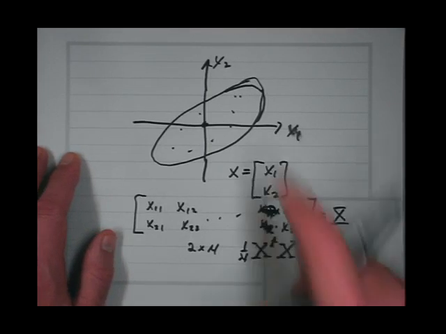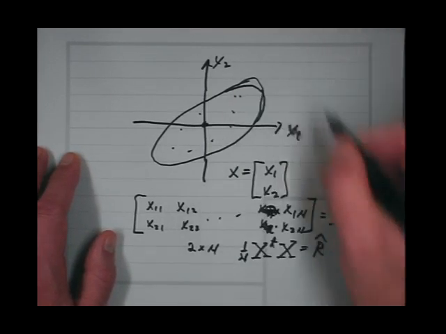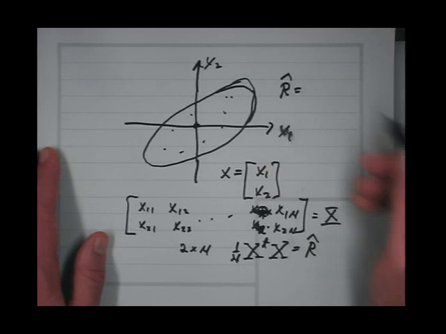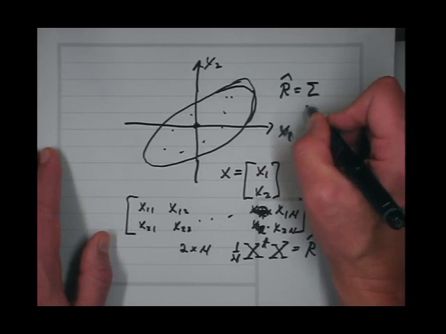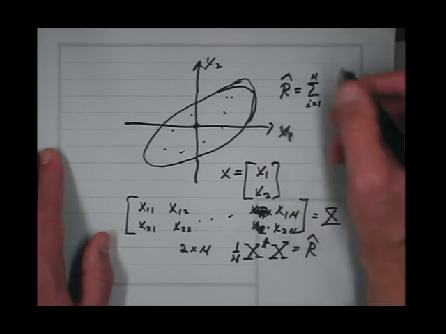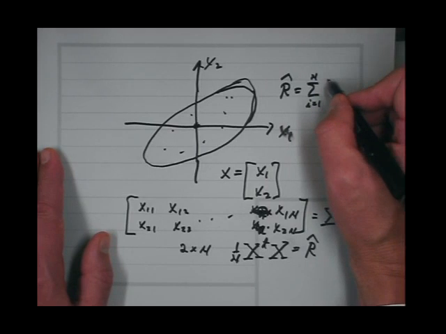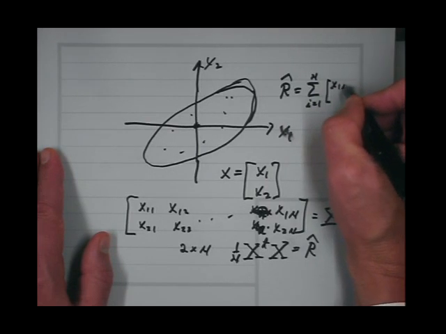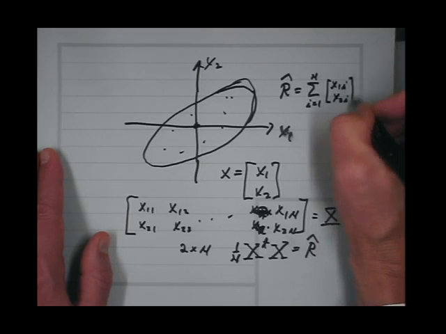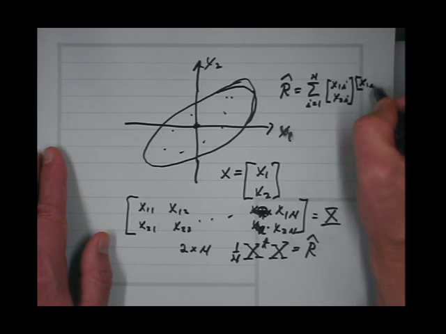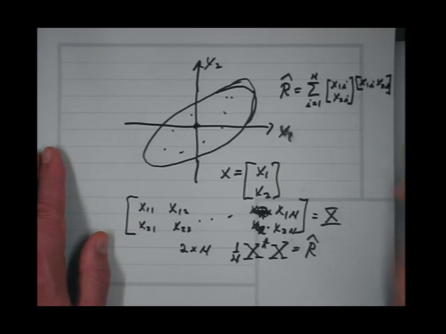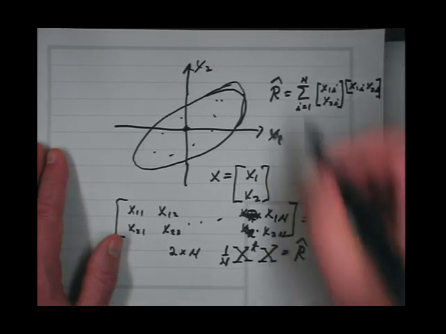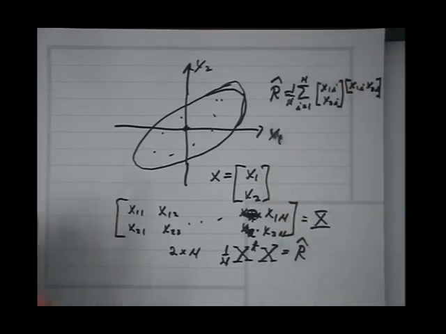The other way of looking at it is that for each point, you sum over i equals 1 to n of (x1i, x2i) times (x1i, x2i) transpose, and you also divide by n. That's the sample autocorrelation. Is everybody familiar with the sample autocorrelation?